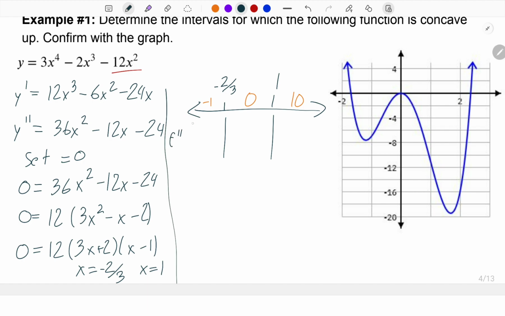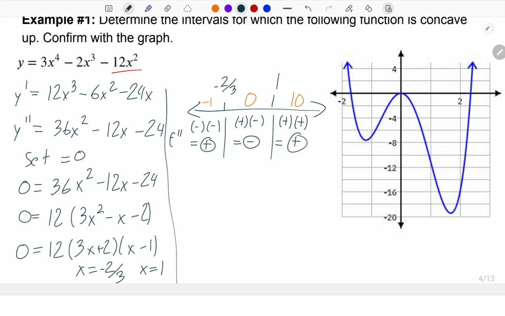So f prime prime is going to be, taking a look at the second derivative there, a negative times a negative, which is just going to be positive. Plugging in 0, 3x plus 2 would be, well, 2 times -1, so positive times negative is a negative. And plugging in a big number, all the parts are going to be positive, so positive times a positive. The 12 is just positive, so it doesn't change anything.